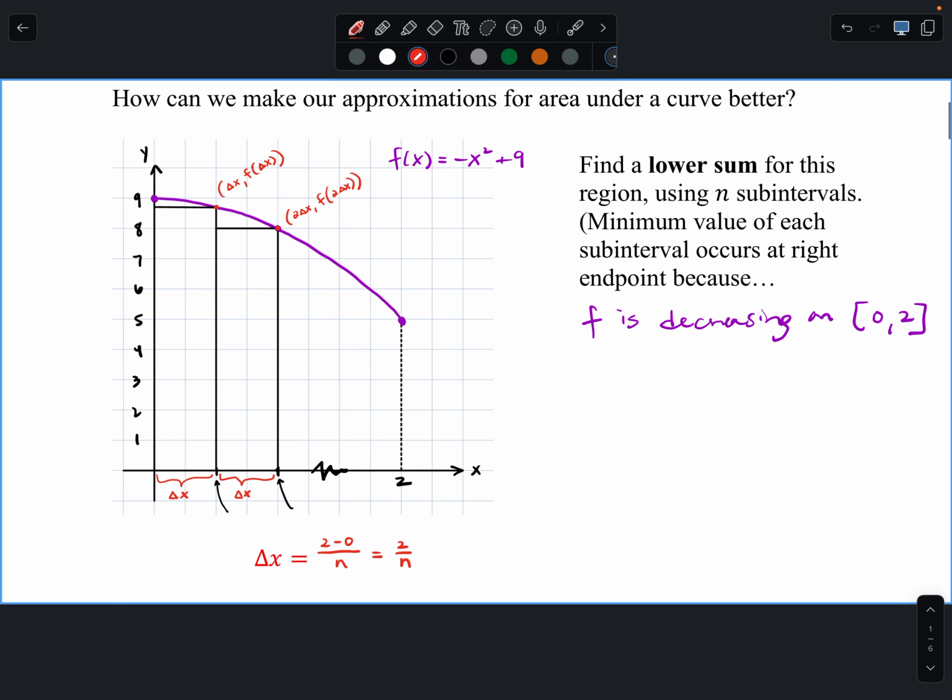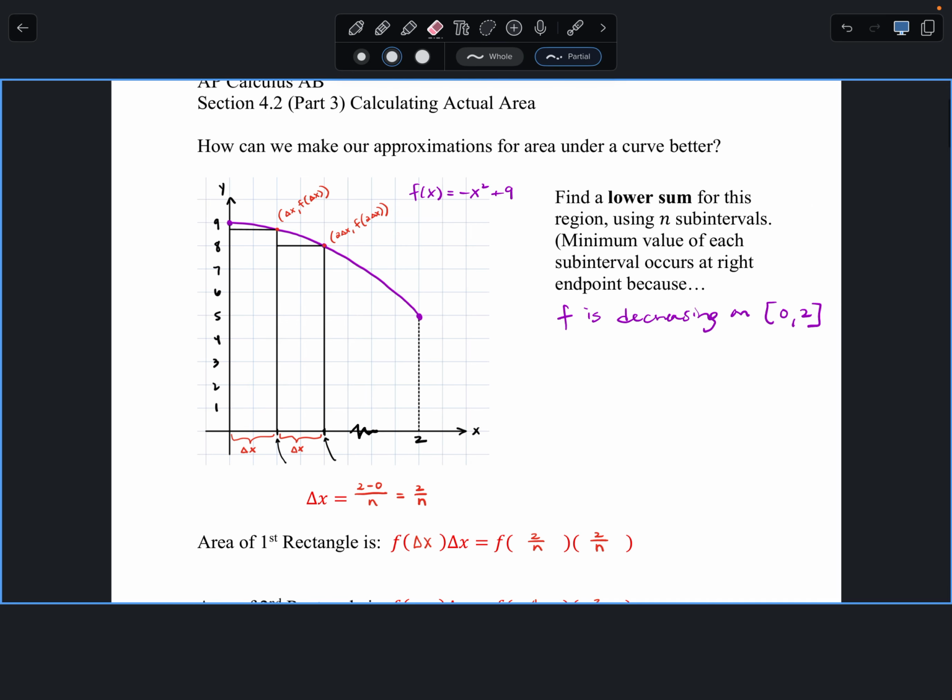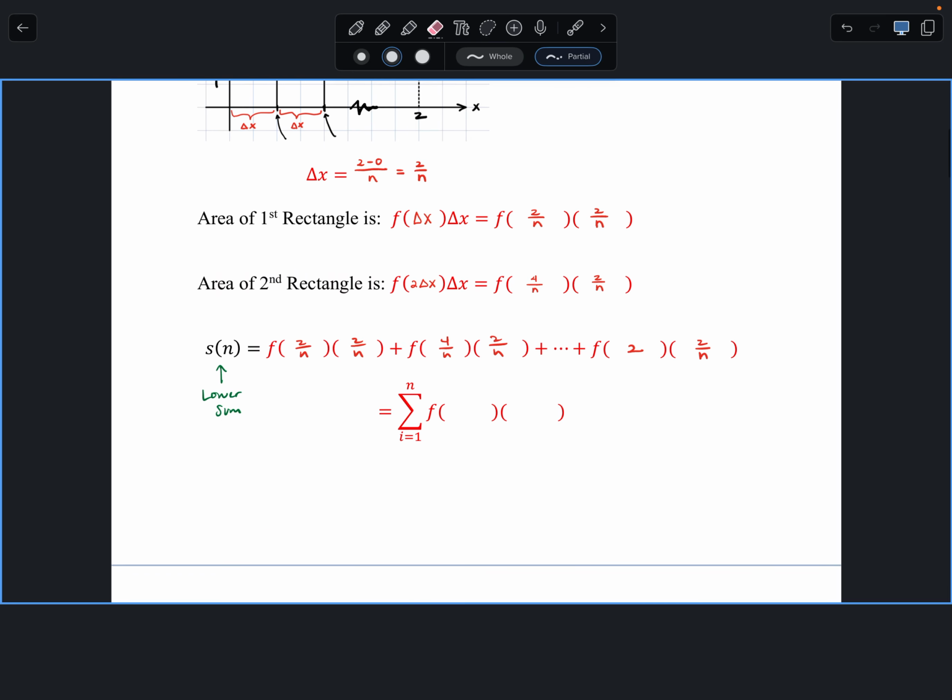Now remember, n represents what again? Number of rectangles that you're adding up. So like we could think about plugging different values in for n. Like if we wanted 4 rectangles, n would be 4. If we want 6 rectangles, 12 rectangles, right? We would be plugging those values in.